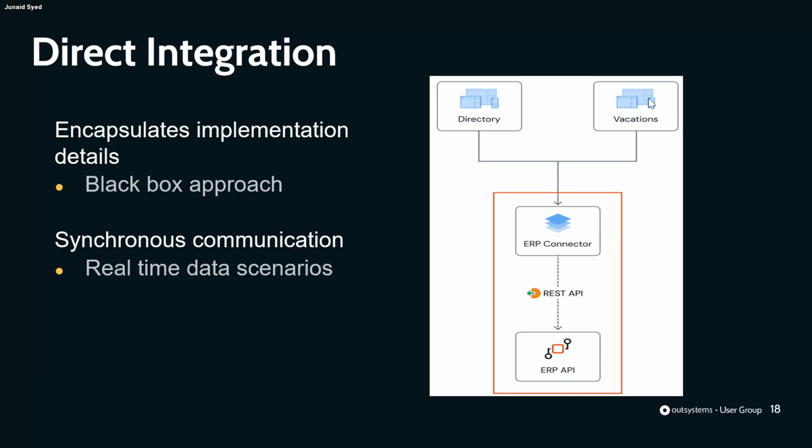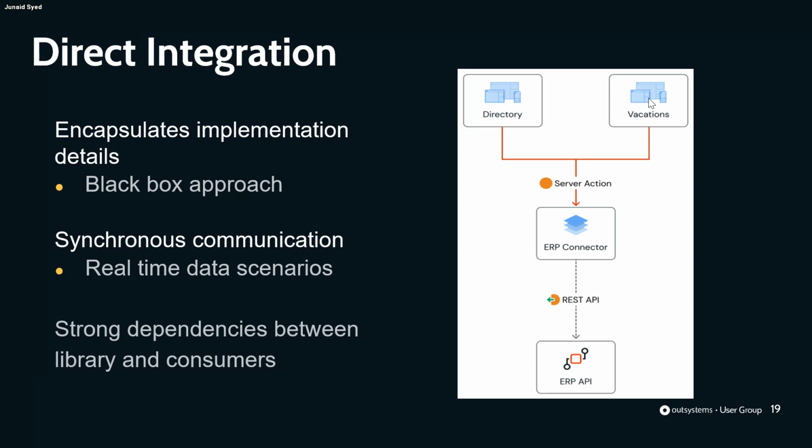The ERP connector library would immediately reach out to the ERP system through the REST API, get the response from the REST API, and return it to the directory application. So the integration is working in real time. The directory application does not have to wait for getting the response, or queue up the request anywhere, right? This is why the direct integration involves synchronous communication.